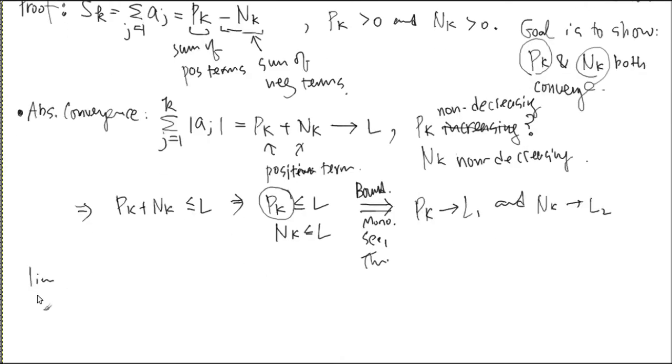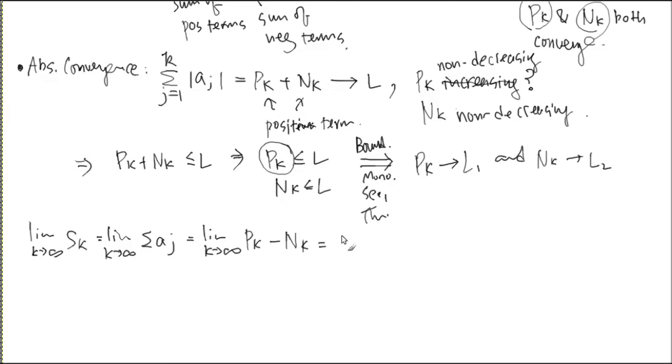the limit as k approaches infinity of sk. This is how we show what happens to the partial sum of the infinite series. This one is a limit as k approaches infinity of this aj, now split like this: the limit as k approaches infinity of pk minus nk, right? So we saw that pk and nk both converge because of the condition of absolute convergence. So this one is going to be L1 minus L2, right?